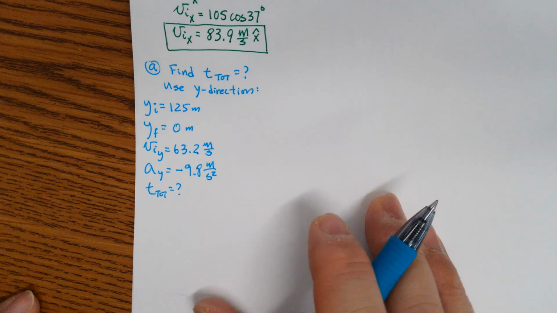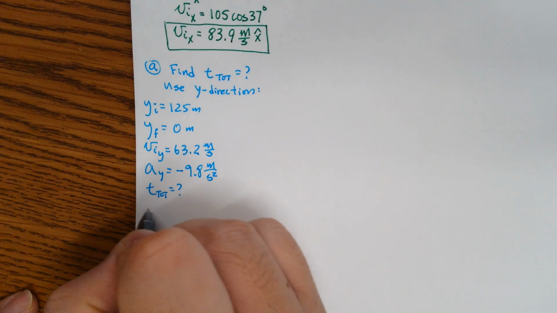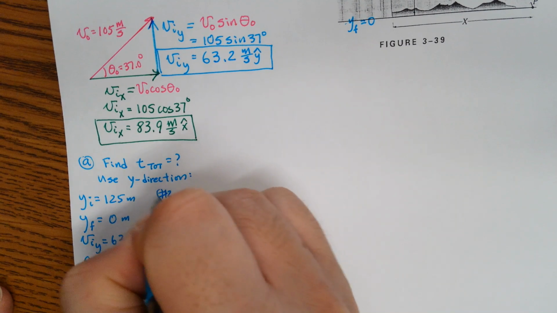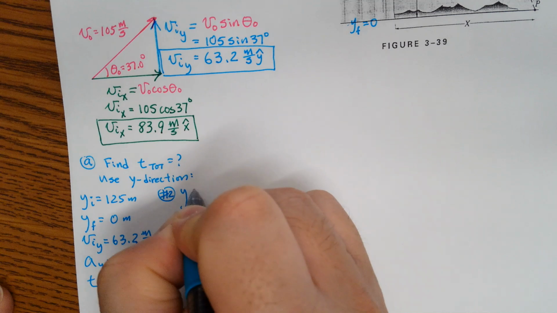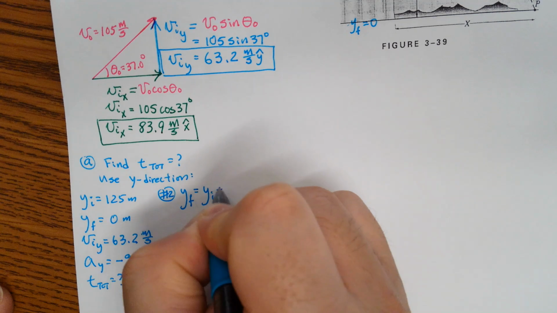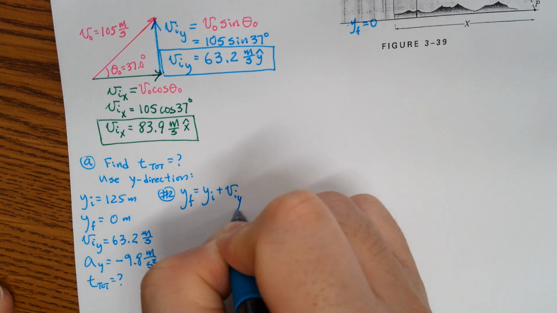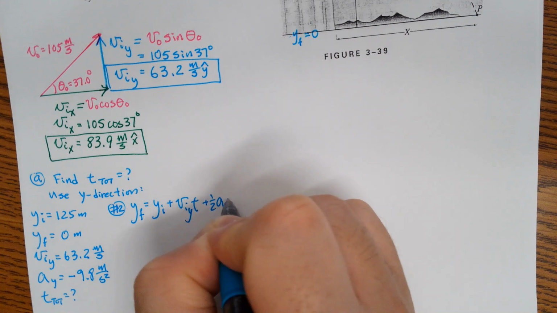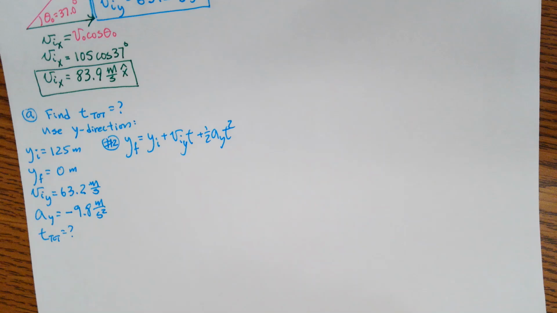So if we use equation number 2, equation number 2 states y final is equal to y initial plus V_iy t plus 1/2 a_y t squared.